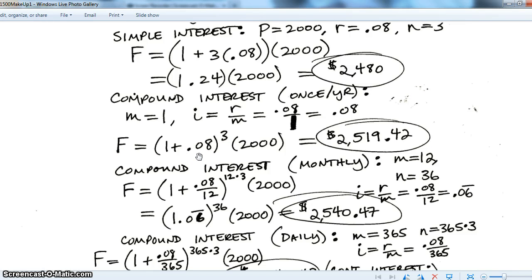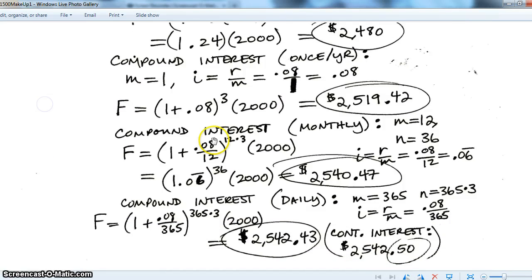So times 1.08 times 1.08 times 1.08, or $2,519.42. A lot of these are going to be rounded. I'm always rounding to the nearest cent here. So notice this is more than with simple interest. You're always going to get more future value with compound interest than with simple interest.